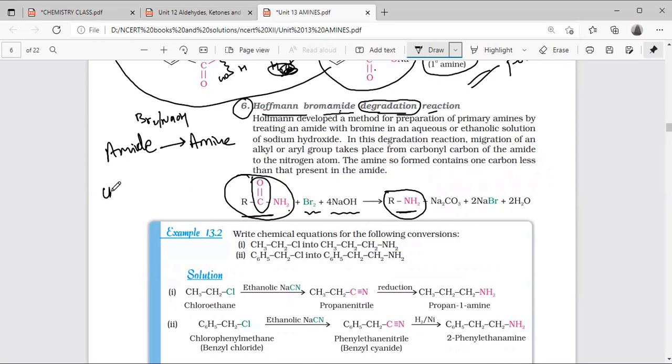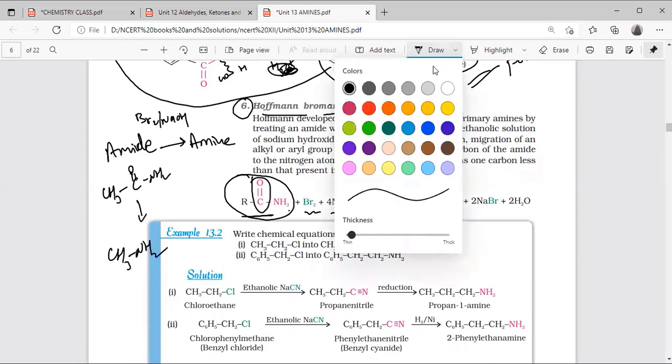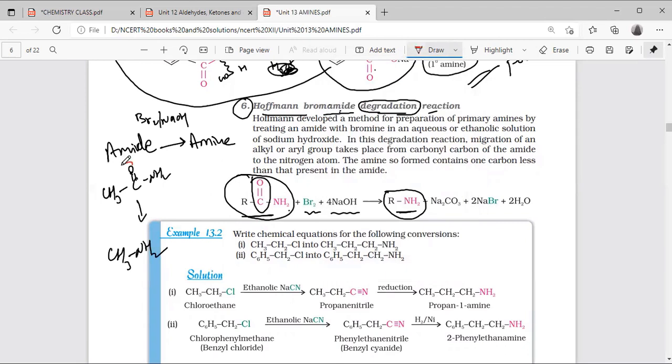Okay? Yes, sir. If you take CH3 C double bond O NH2, you will get CH3NH2 only. Got it? This CO is removed. Yes, sir. Okay, this is the reaction, and balancing is important. 4 moles of NaOH are required.